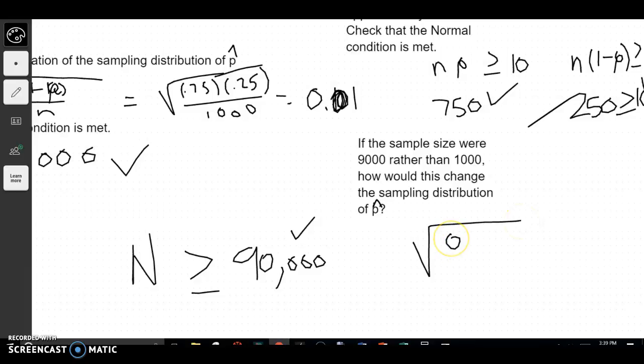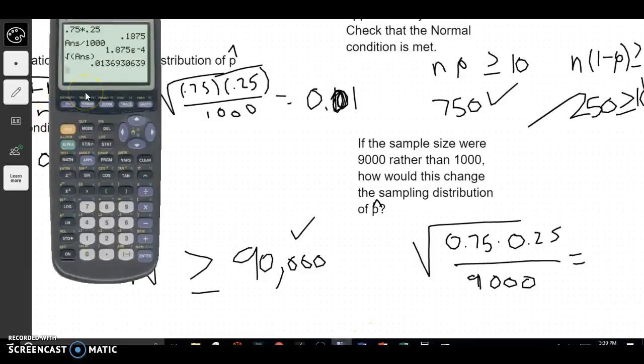Our standard deviation would be calculated exactly the same way, but instead of being 1,000, n is 9,000. So it changes it by a factor of 3. We can see what that really looks like.